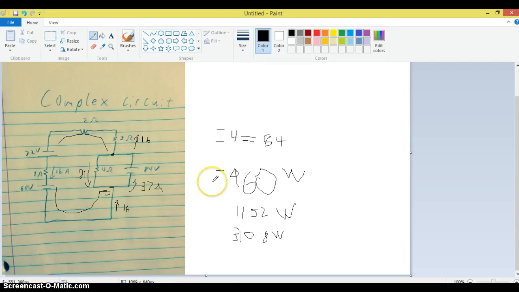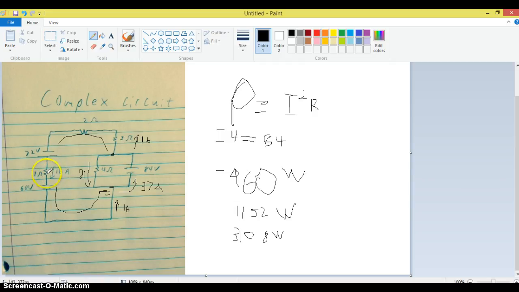Now what we need to do is find where all this is being dissipated. Looking at this first resistor, we know that power equals I squared R. We can look at each of these resistors and what the current is there and figure out how much power is being dissipated.